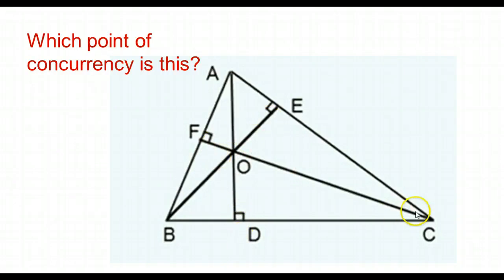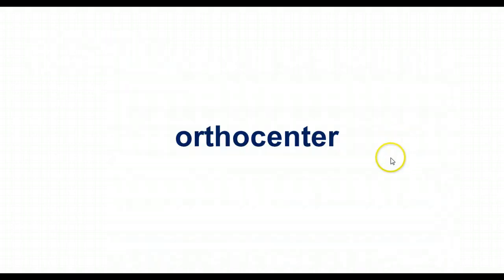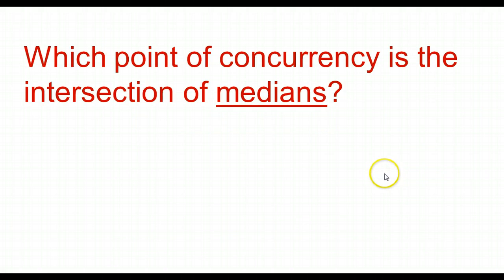All right, these are altitudes. See how they go from a vertex and then perpendicular? So which point of concurrency is the intersection of altitudes? Orthocenter. Which point of concurrency is the intersection of medians? Again, that is the centroid.